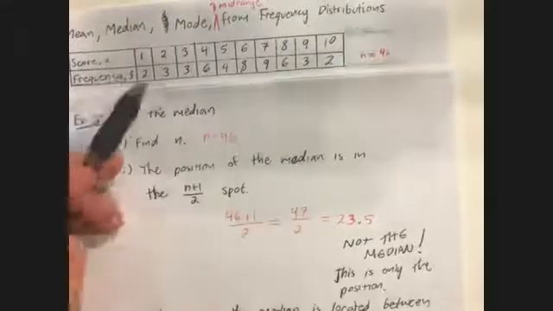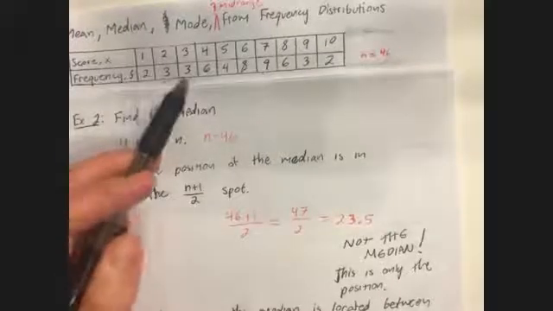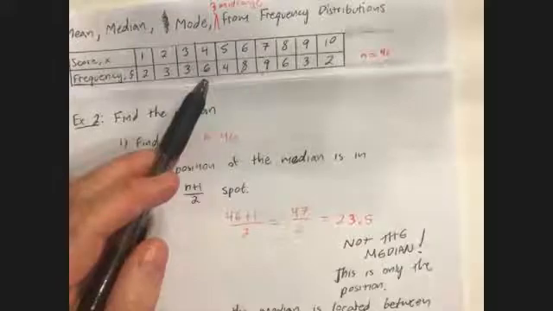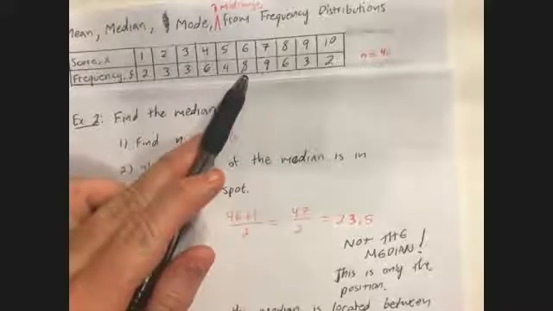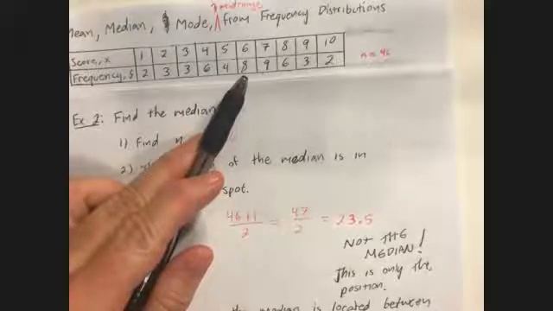Okay, so 1, 2, 3, 4, 5, 6, 7, 8, 9, 10, 11, 12, 13, 14, 15, 16, 17, 18, 19, 20, 21, 22, 23, 24, 25.